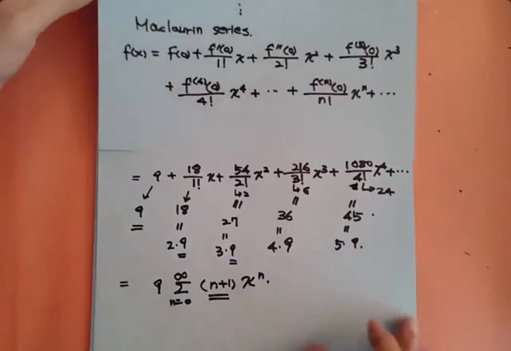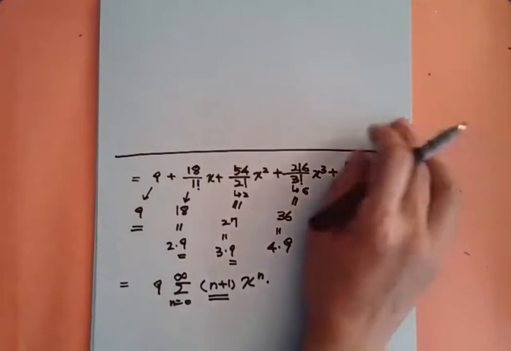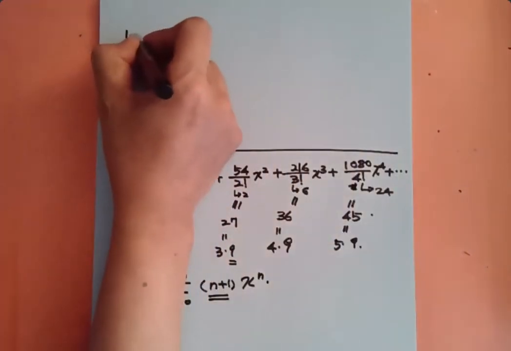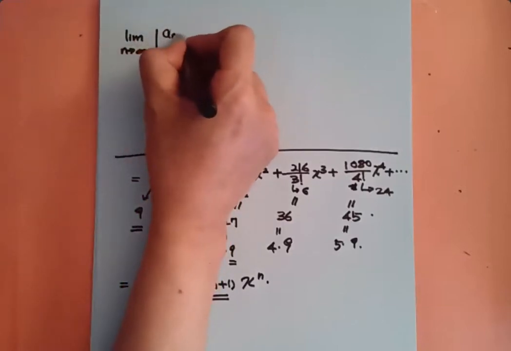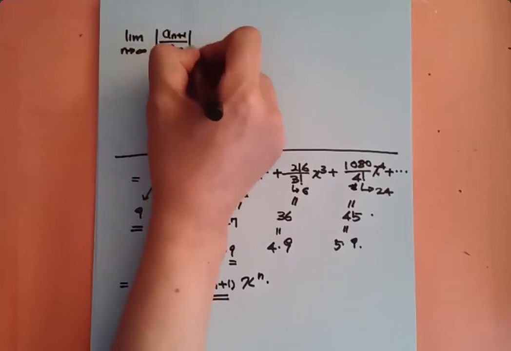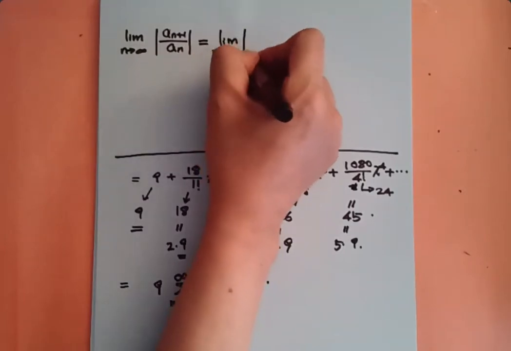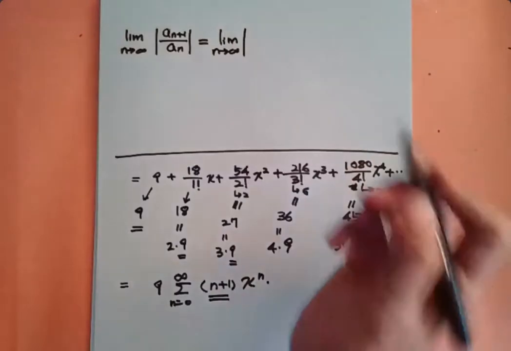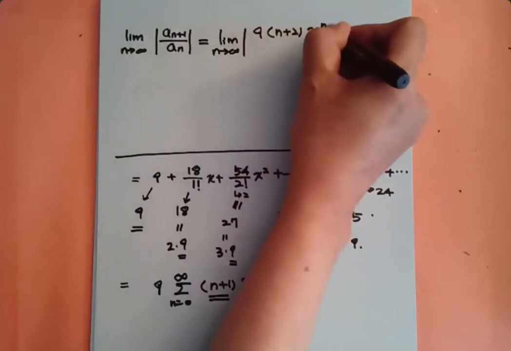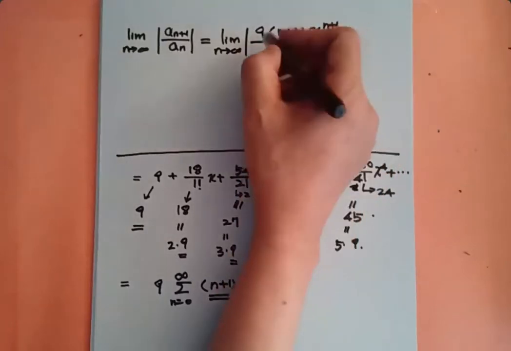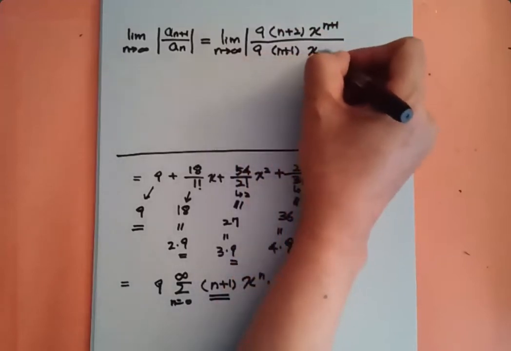And then we want to think about the radius of convergence. So we have to use the ratio test again. The limit as n goes to infinity of the absolute value of a_(n+1) over a_n. That is the limit as n goes to infinity, where a_(n+1) is 9 times (n + 2) times x to the n + 1, over 9 times a_n, which is (n + 1) times x to the n power.